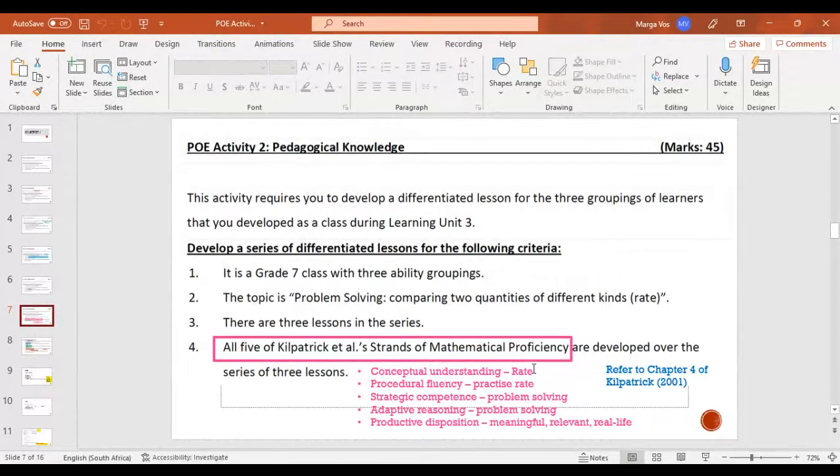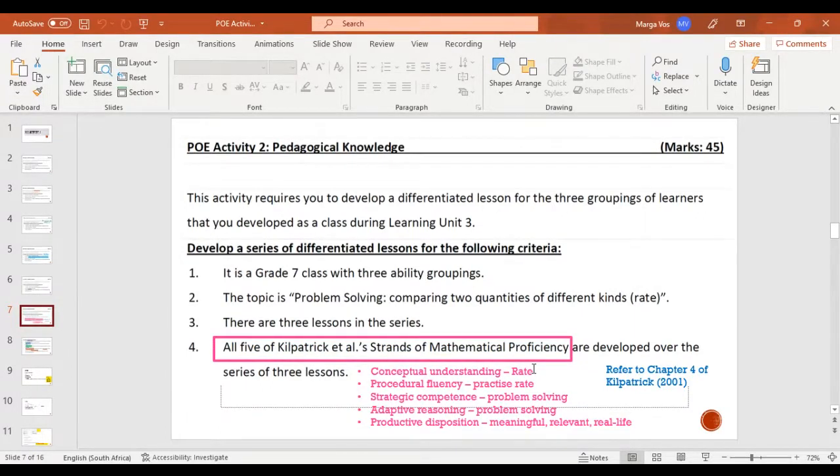Also, adaptive reasoning also is around problem solving. And then the productive disposition, where you give them meaningful, relevant, real-life problems to solve relating to rate.